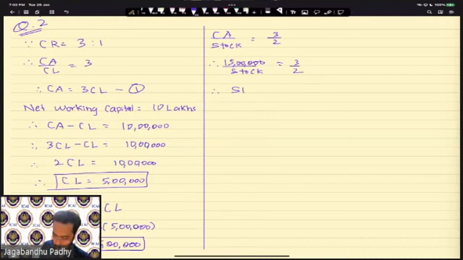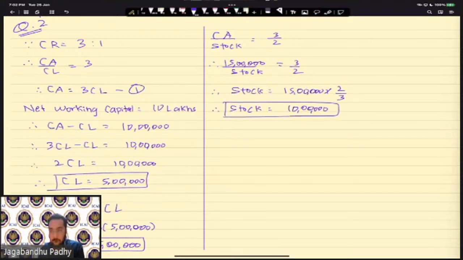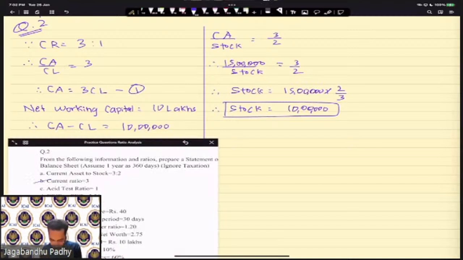Therefore, stock will be 15 lakh into 2 by 3. Therefore, stock will be 10 lakh. So we have used this current asset to stock ratio also.